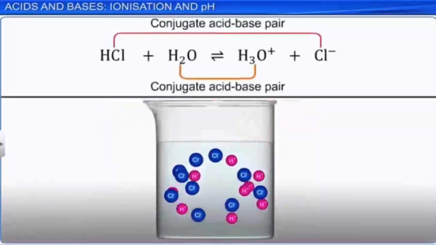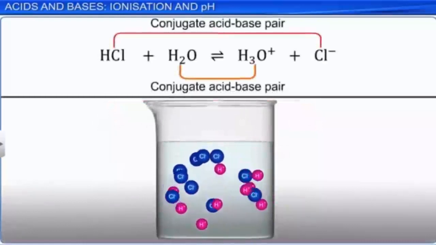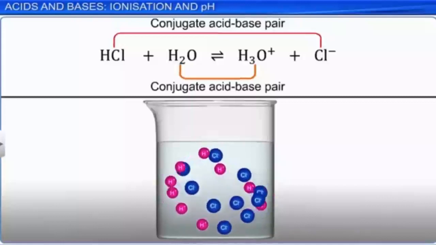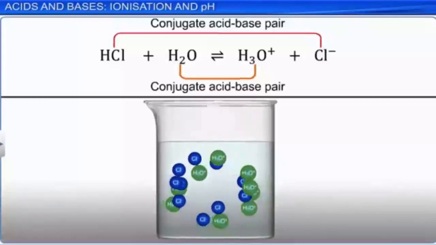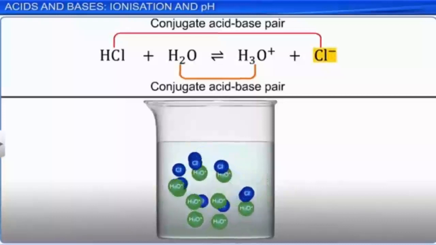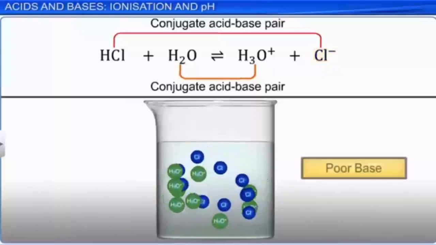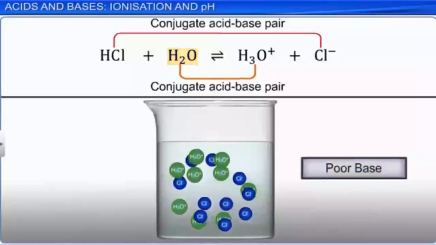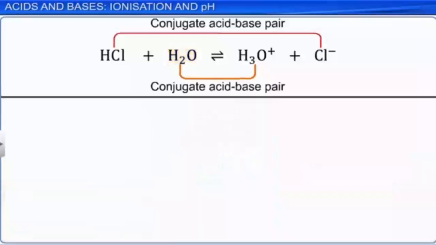In an aqueous solution, there are virtually no HCl molecules, but only H+ and Cl- ions. This shows that the Cl- ion has very little ability to attract the H+ ions in the water, and thus is a very poor base compared to the water molecule. Hence, it follows that a strong acid has a weak conjugate base.